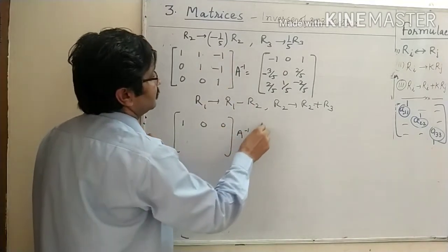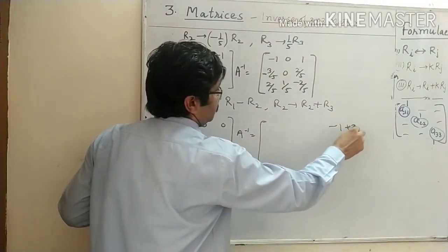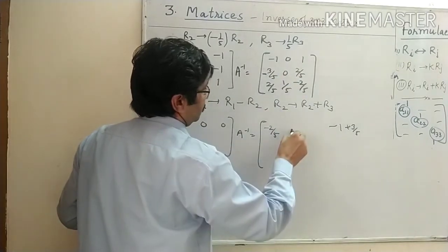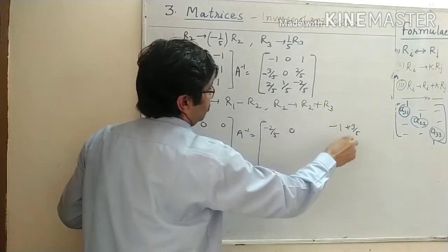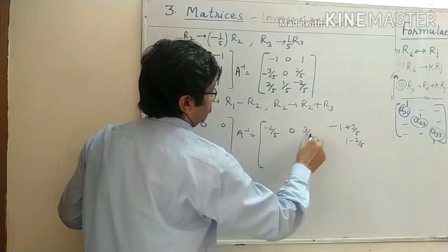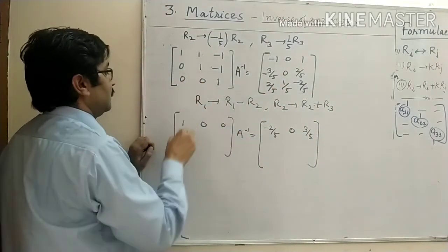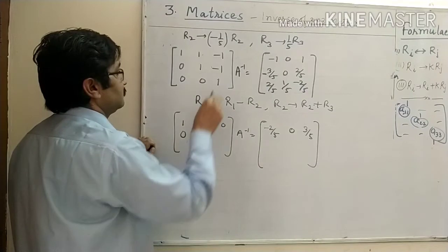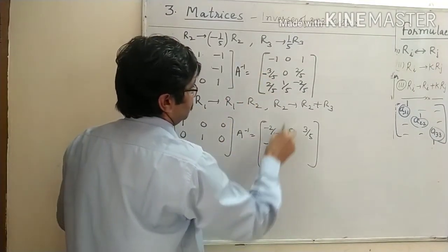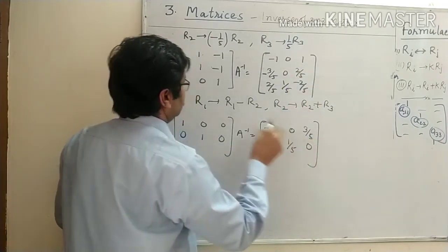First row I find r1 minus r2, minus 1 and plus 3 by 5, that you get minus 2 by 5. Then these you subtract 0, these you subtract 1 minus 2 by 5, 1 minus 2 by 5 means 3 by 5. Okay, next r2 and r3 you add, you get 0, you add this 1, you add this you get 0, you add this you get minus 1 by 5, you add this you get 1 by 5, you add this you get 0.